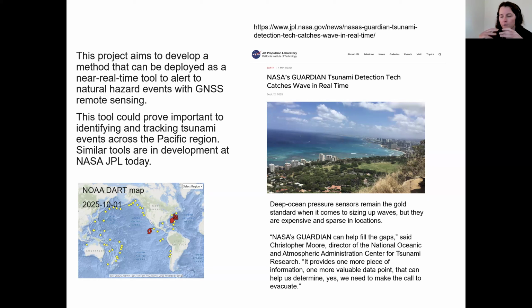And so this is all to do with monitoring systems in natural hazard events specifically. And even though we have the deep ocean pressure sensors, which alert to tsunamis, this is seen as another tool that we have functioning today that can also be used to aid those DART sensors in terms of tsunami movement, especially over ocean.